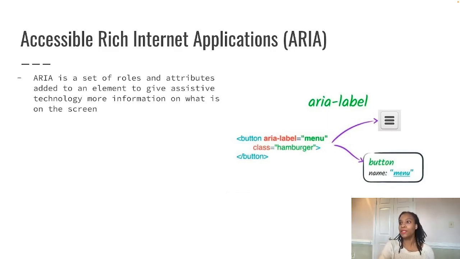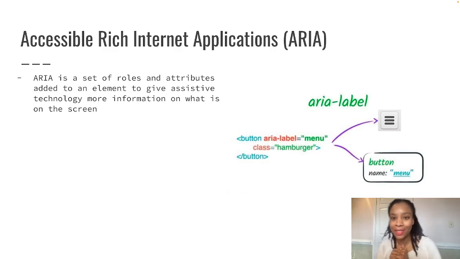So ARIA gives us a set of roles and attributes that are added to elements to give assistive technology more information on what's on the screen. So a good example of that would be a hamburger menu, right? And I won't get on my soapbox about hamburger menus today because that is a whole other stream that we'll be doing together. But hamburger menus, if you just build a hamburger menu button, they are not accessible.